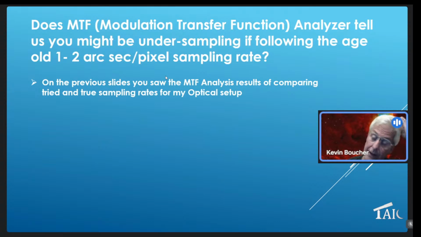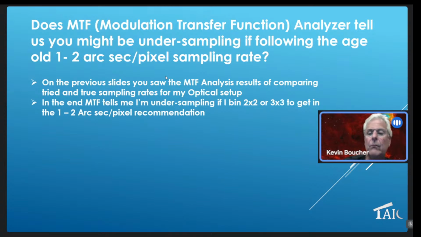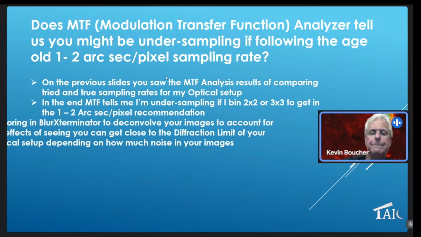Okay, so you can see on the previous slides, the analysis results basically said that I should not be sticking with the tried and true sampling rates. I should go with basically no binning whatsoever on my setup, which is what I tried doing.